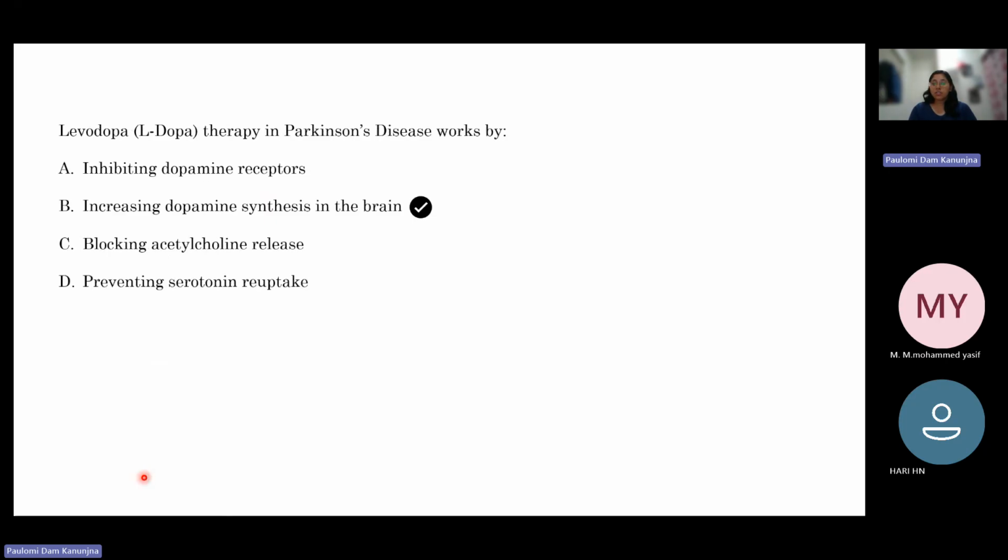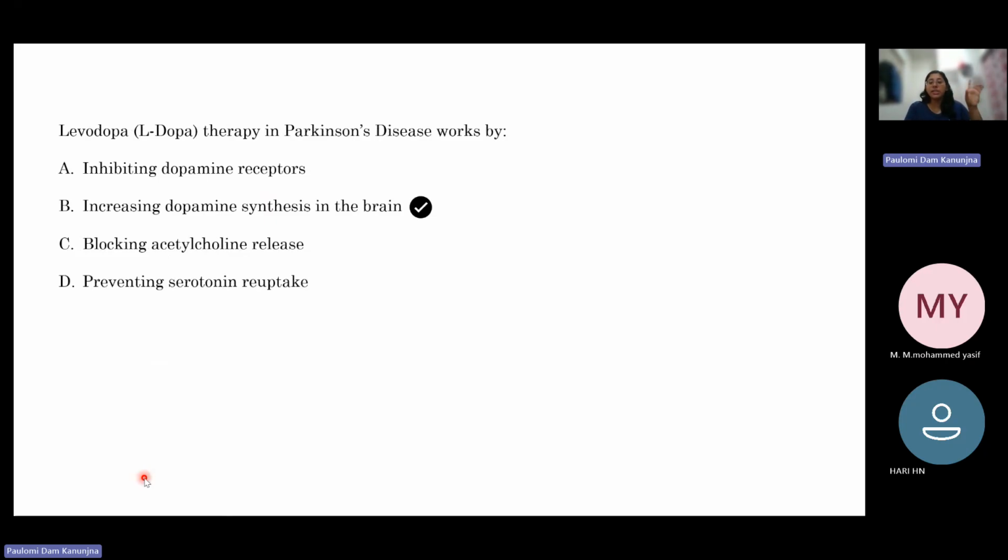The first one says inhibiting dopamine receptor. You don't want that. We want dopamine in the body for its regulatory activity. If dopamine is not getting synthesized or dopamine neurons are dying off, you want dopamine in your body because those neurons are not transmitting dopamine. So you give L-DOPA, you want dopamine.